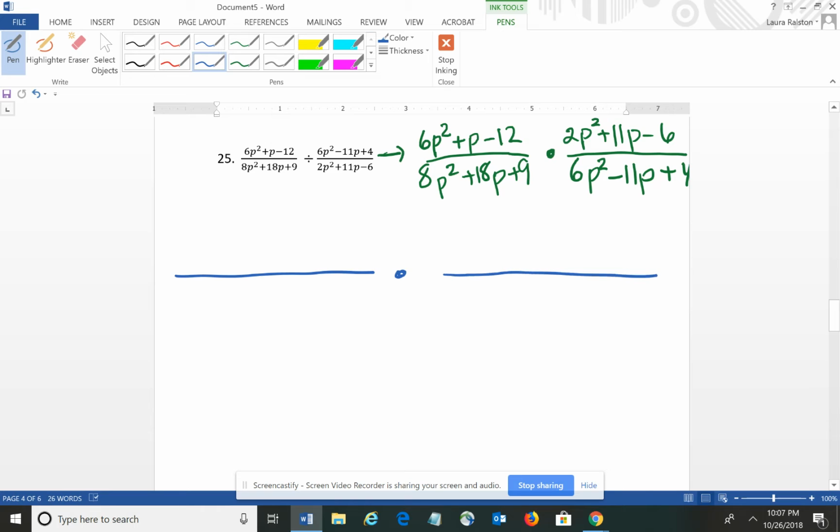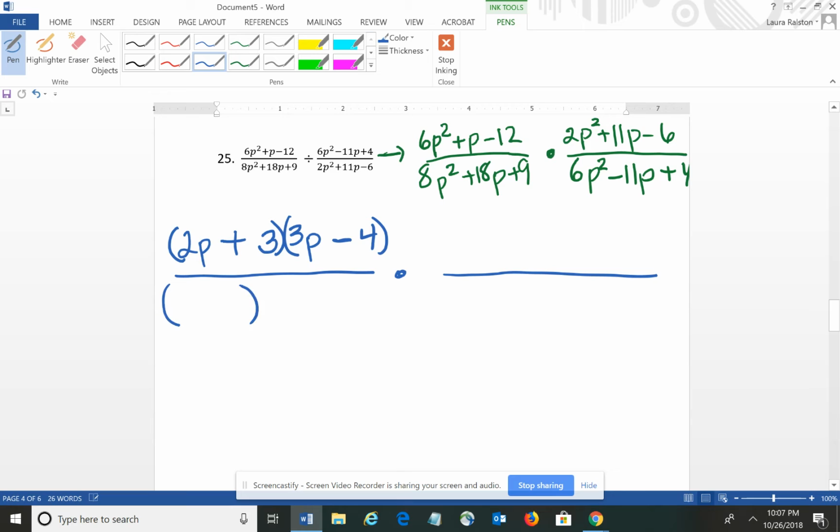And again, you may need to use some scratch paper. Let's see, how about if we do 2p and 3p, and I can do 4 times 3, and this would be plus and this would be minus. I'm doing trial and error.